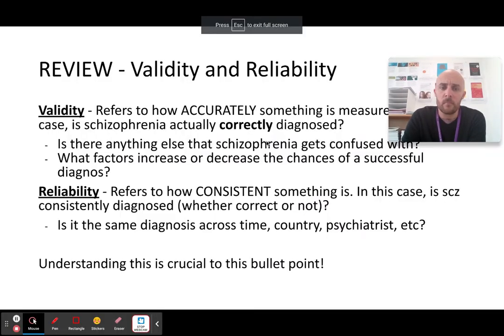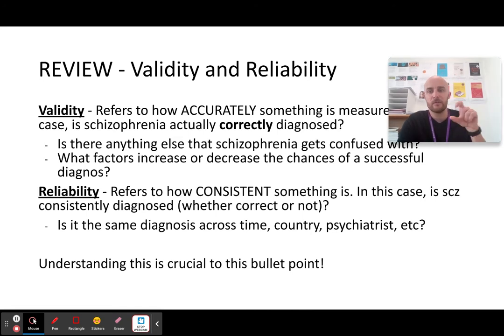Anyway, reliability refers to how consistent something is. Are they consistently diagnosed, whether correct or not? If I give you a case study, man, 53, has hallucinations, believes they are God, and I give that to clinicians in America, the UK, and Borneo, are they consistent in what they say that case study actually is?